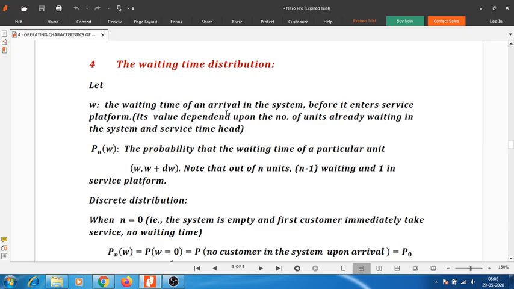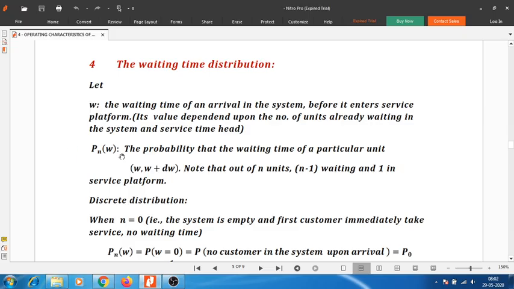So its value depends upon the number of units already waiting in the system and the service time ahead. You are expecting the service from the service station. So how much time is spent for service is one point, and the number of customers already waiting in the system. Right. So that is W.